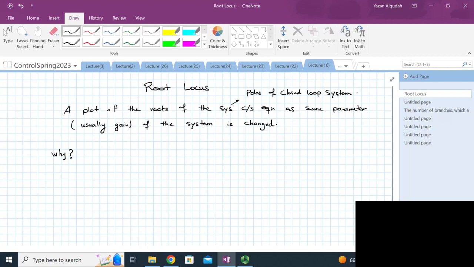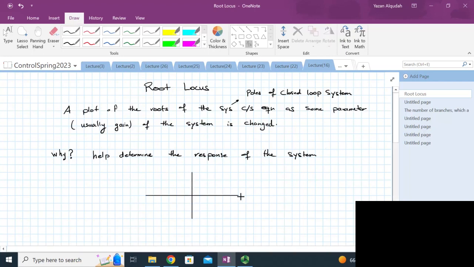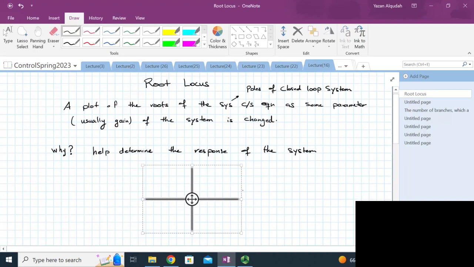What else? I can determine the performance of the system. Remember, everybody? So here, help us determine the response of the system. If you recall, when we look at a second order system, we said if we have poles in this region, what is the response of the system going to look like?